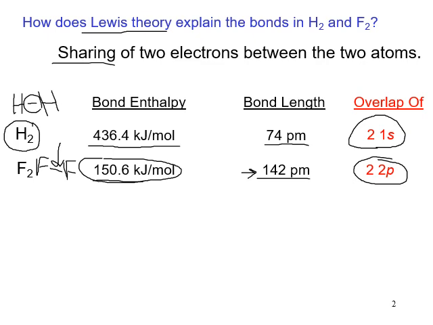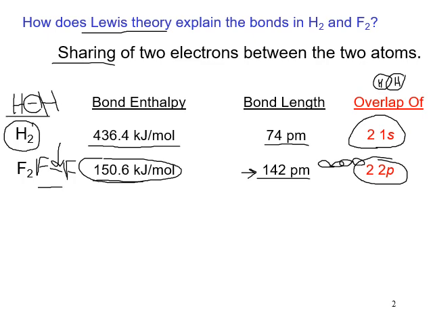The reason it's okay to think of it that way is because these are both linear molecules. Since they're linear, if these two s orbitals overlapped, you would get something like this, and those hydrogens would be right next to each other, and that would form a linear bond. The same thing with the p orbitals. The p orbitals look a little bit different, but even so, if they did overlap one to another, you might see something like this.